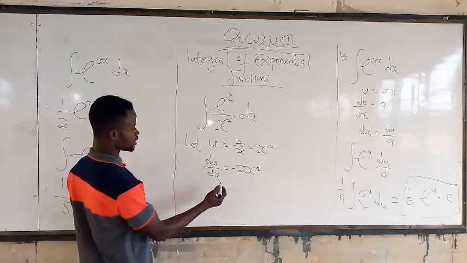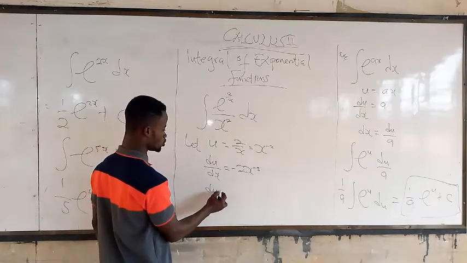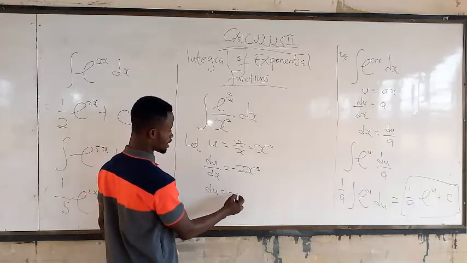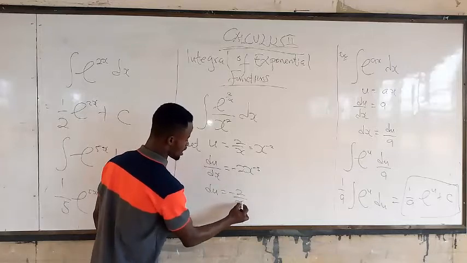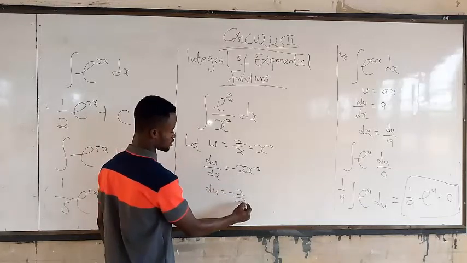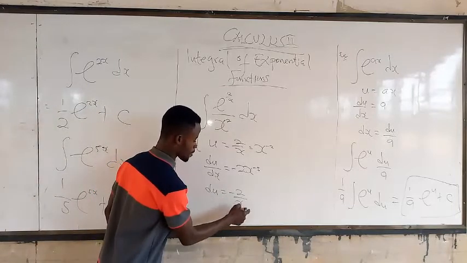So this is going to give us du is equal to negative 2 over s to the power 3.